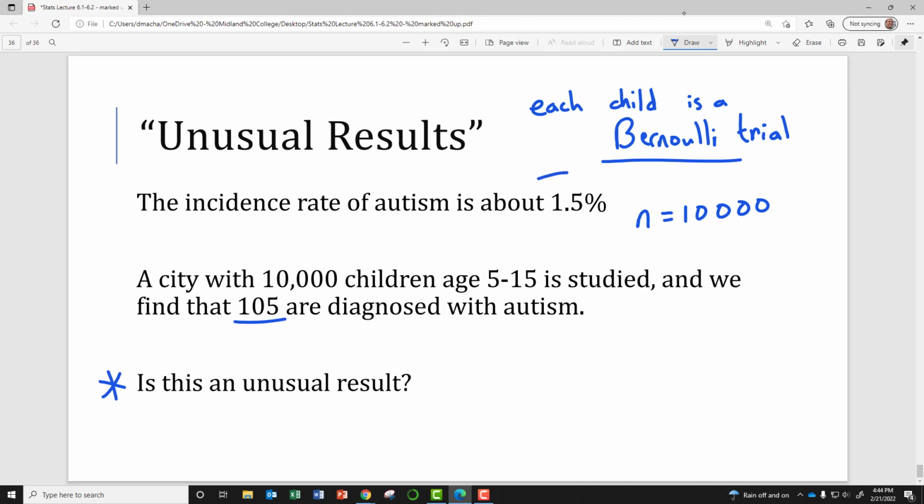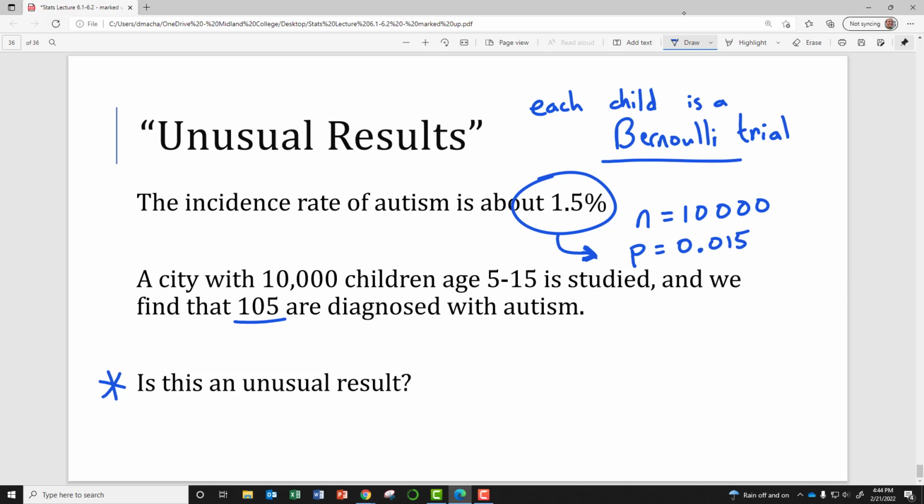And using our overall population incidence rate, we can determine that the probability that one of these Bernoulli trials will come up with a diagnosis is 0.015. So we have our n and we have our p, which tells me I have a fully specified binomial distribution.